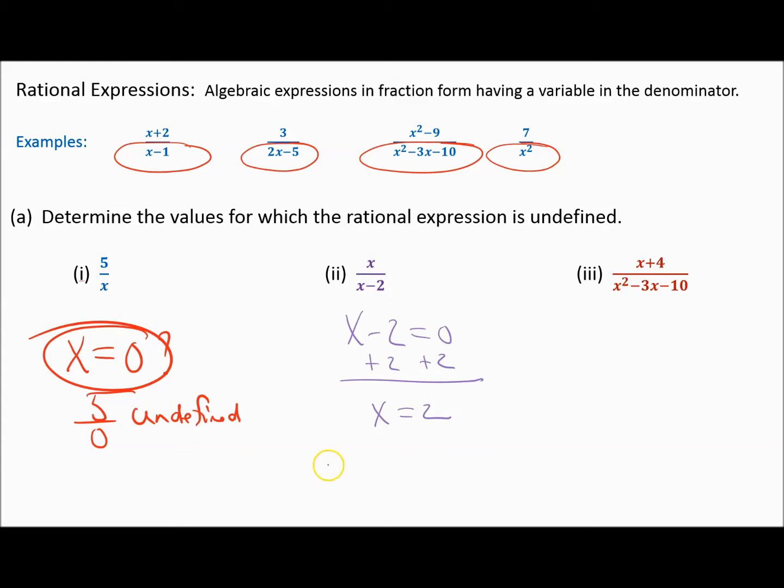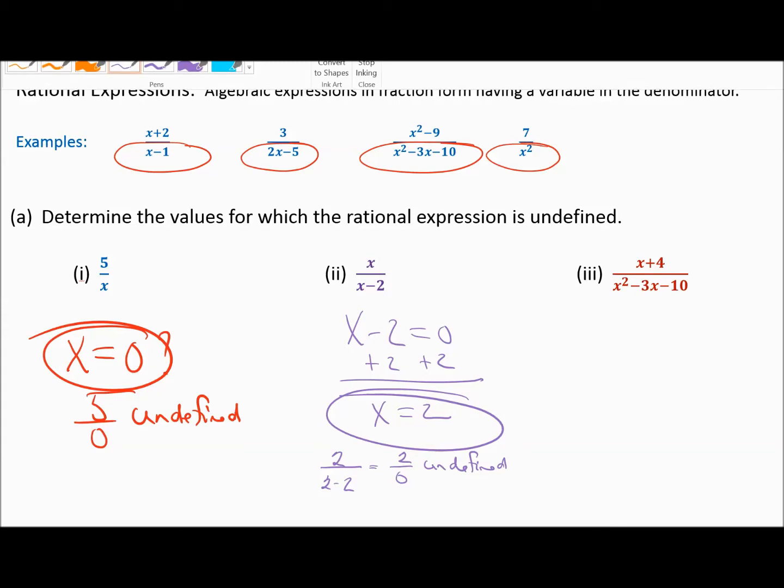Now notice, if I plug in 2, that would give me 2 over 2 minus 2, which is 2 over 0, and that is an undefined fraction. Therefore, x equals 2 is the value for which this expression is undefined.